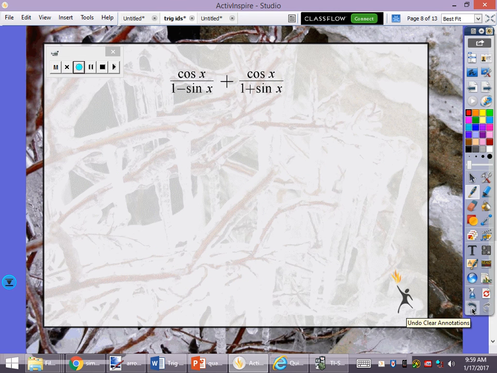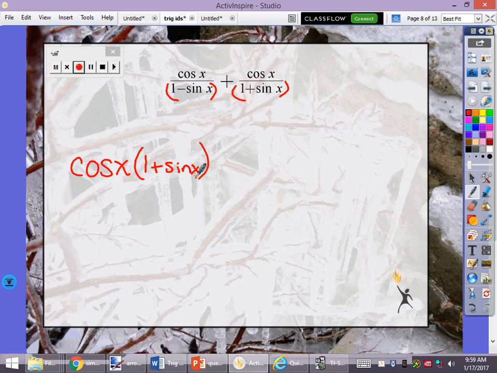All right, next one. When I add two fractions, I need a common denominator. The fastest common denominator is to multiply denominator by denominator, yes? So this first fraction, cosine, is missing 1 plus sine x.